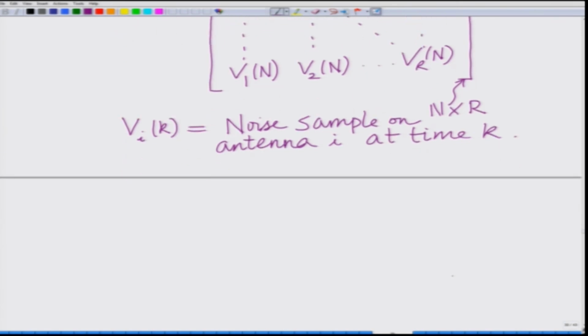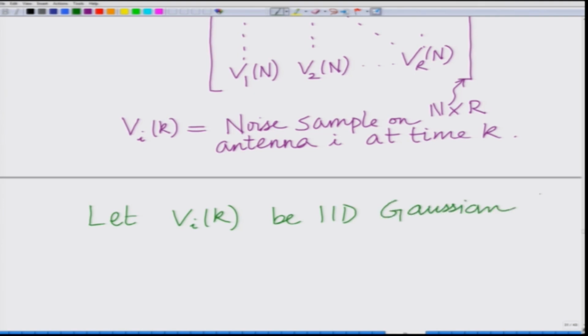And let us now assume the noise is Gaussian, similar to previous, let the different noise samples V_ik be IID Gaussian, noise samples at all antennas at all time instants are Gaussian and also independent of each other.